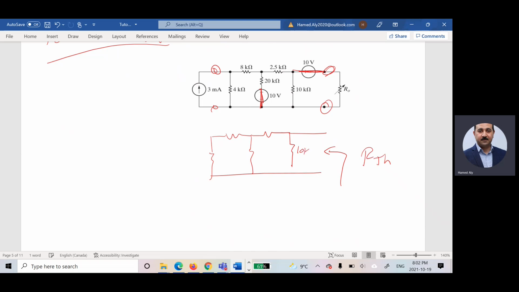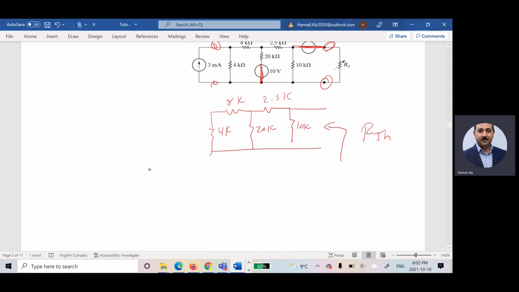So this is 10 kilo, this is 2.5 kilo, this is 20 kilo, this is 8 kilo, this is 4 kilo. Now, these two are in series, and the overall of those is in parallel with 20. The overall is in series with 2.5, and the overall of those is in parallel with 10.